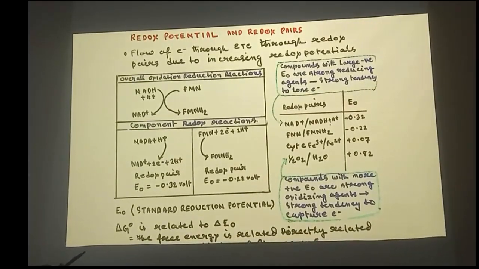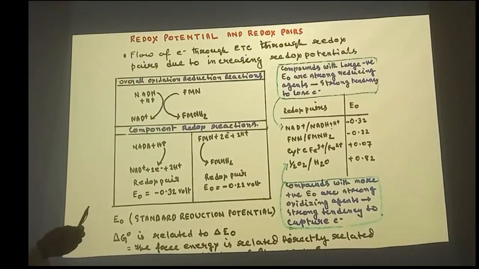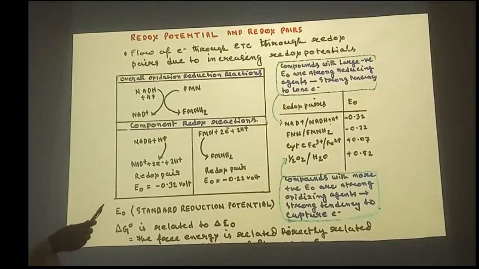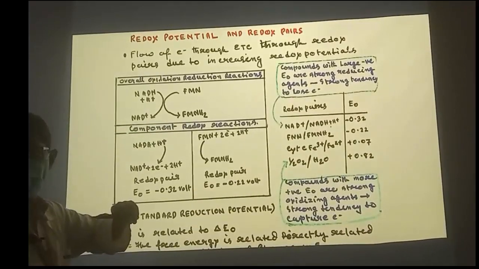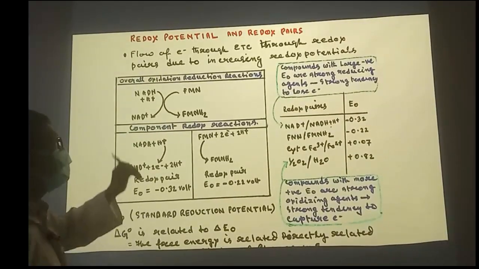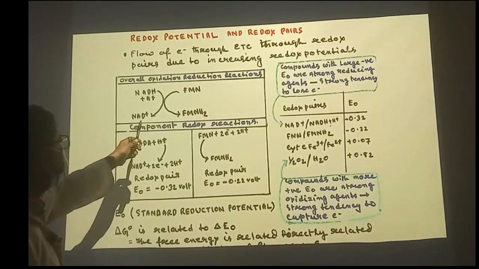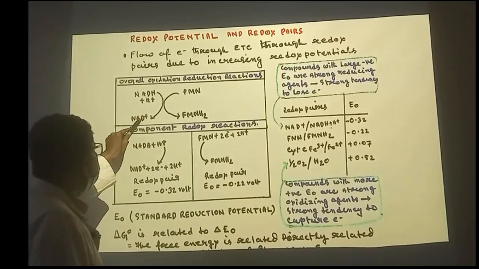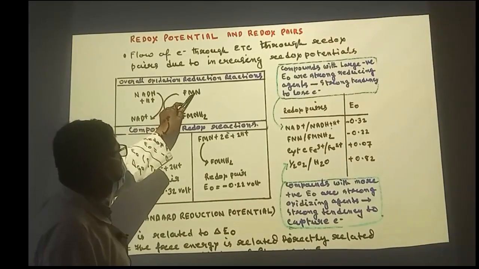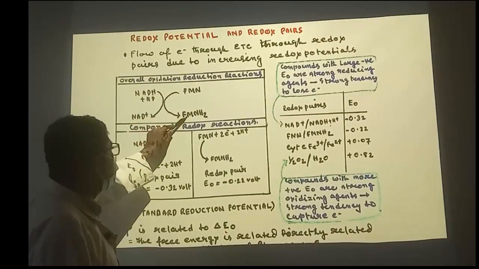How energy is produced we will discuss in our oxidative phosphorylation chapter. Now first look at the redox. What are redox pairs? If you look at this reaction, NADH plus H plus is oxidized to NAD plus, and FMN, the complex one, is reduced to FMNH2.